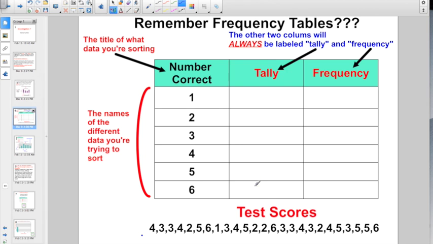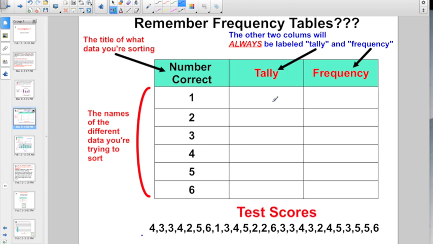In this case, we're going to be sorting some test scores, and I want to sort them by the number correct. The other 2 columns will always be labeled tally and then frequency. And then over here, you want to have the names of the different data you're trying to sort, like how many people got 1 correct, or 2 correct, or 3 correct.